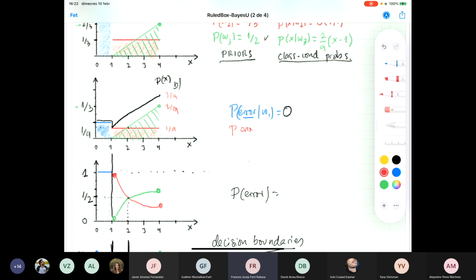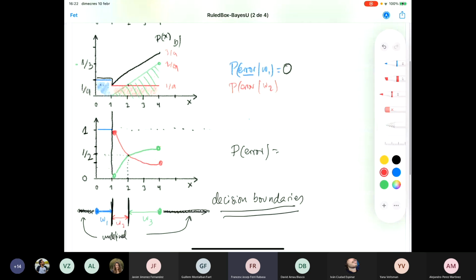Probability of error in class 2. Well, as we said, we decide class 2 between 1 and 2. Are there red points at the left of this point? No. But are there red points at the right of the value of 2? Yes. Can you see that? Yes.